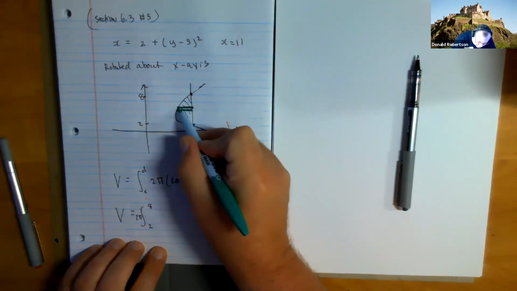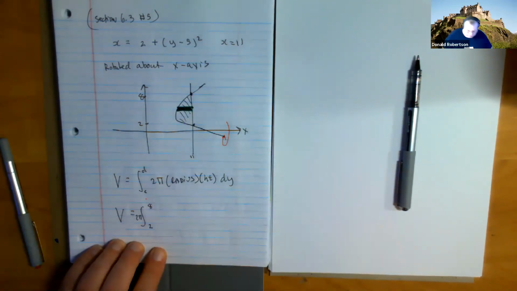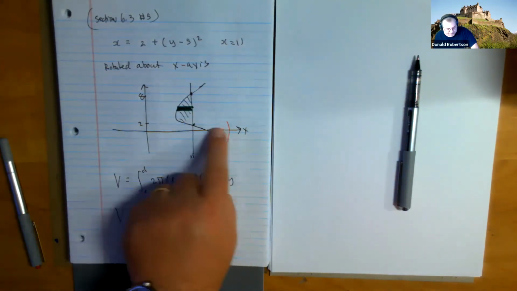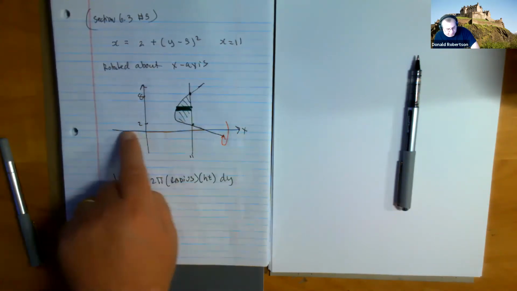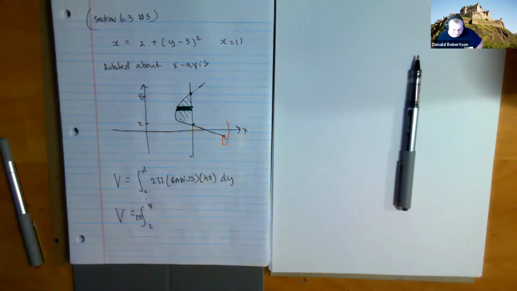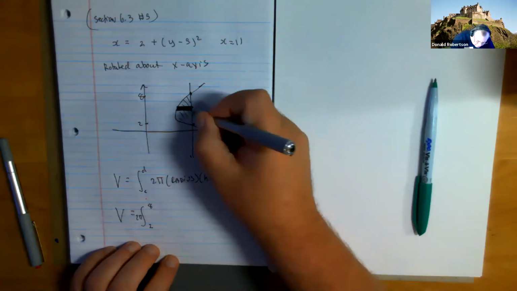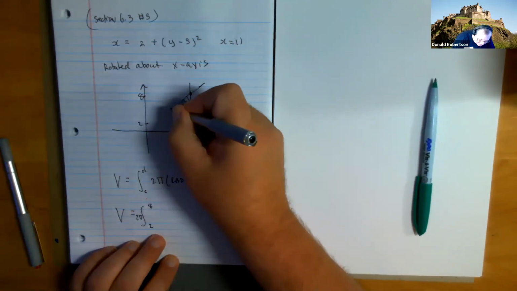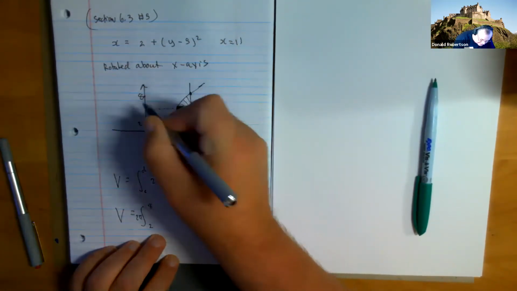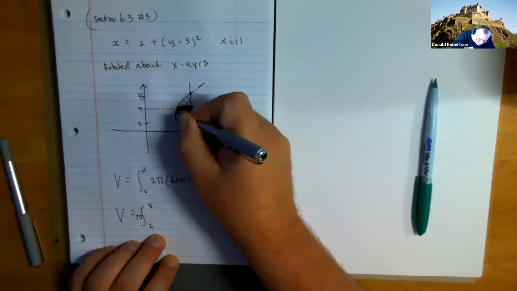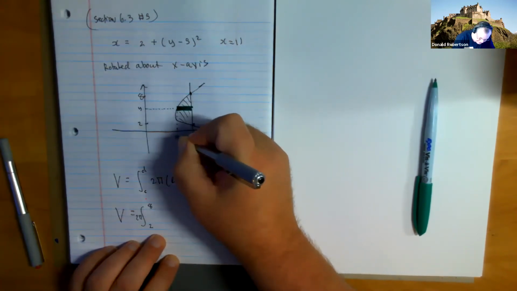If you randomly draw a green rectangle, parallel to the axis of rotation, this here is y, and this here is x.